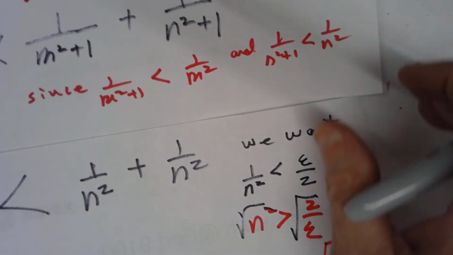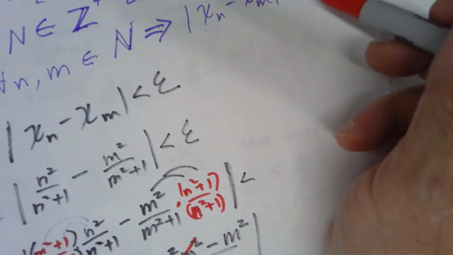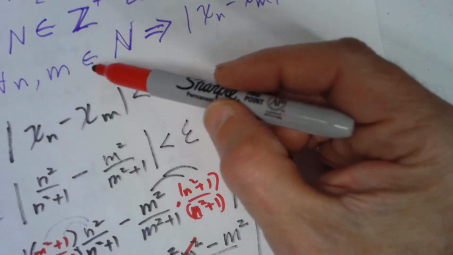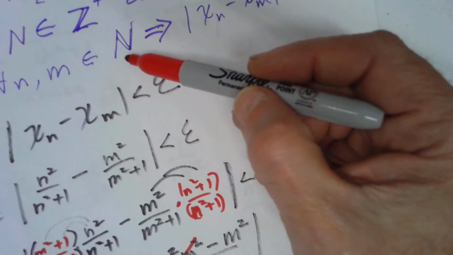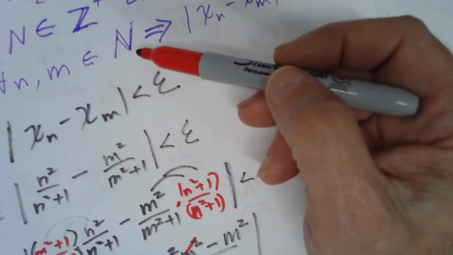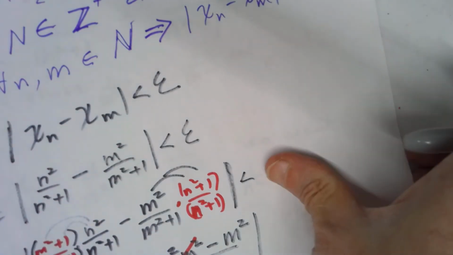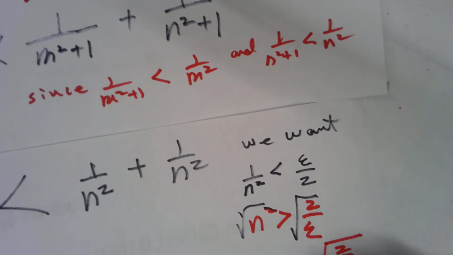But since we defined that n and m are natural numbers, and natural numbers start at 1, so there's 1, 2, 3, they're larger than 0. So therefore we can drop the plus or minus.